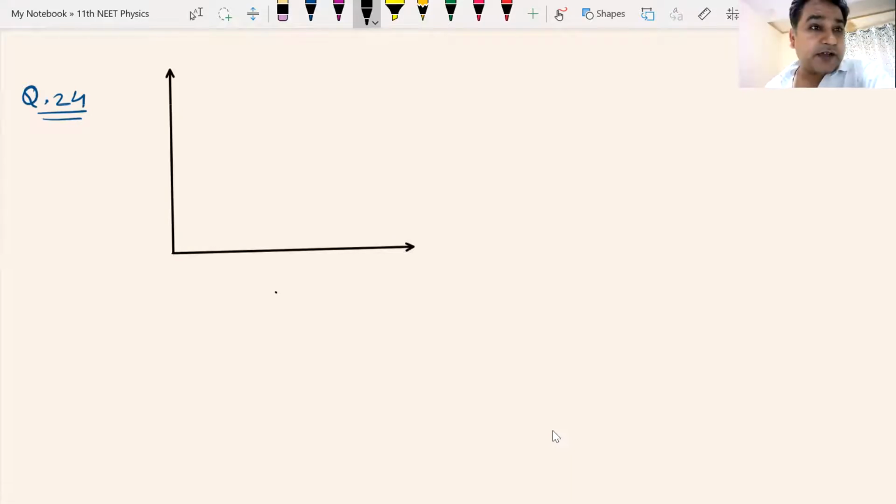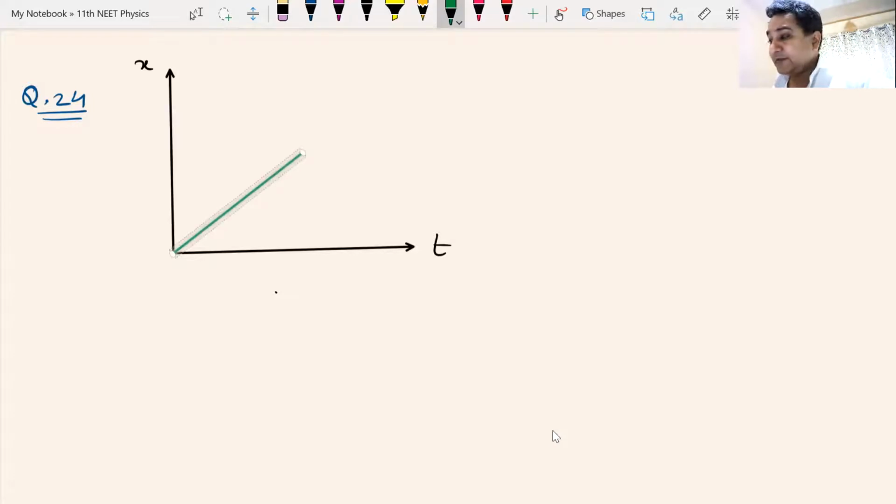Okay, so this is my time axis. This is my x-axis. That was the graph. The time axis is going a little tilted, but still okay for first timers. Then I have this line coming like this. Then I have this line going like this.